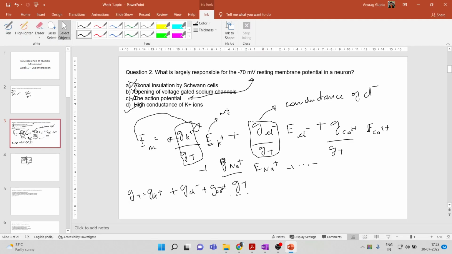So you can see why the resting membrane potential is negative, because the conduction here is high, and then the weight attached to the Nernst potential of the K plus ion is high. So that is why the resting membrane potential is minus 70 millivolts. If there are any other questions, I can take that related to this MCQ. If not, I'll go to the next MCQ.